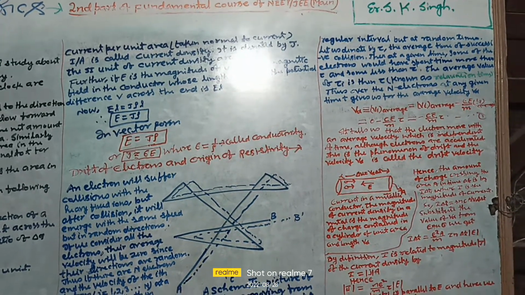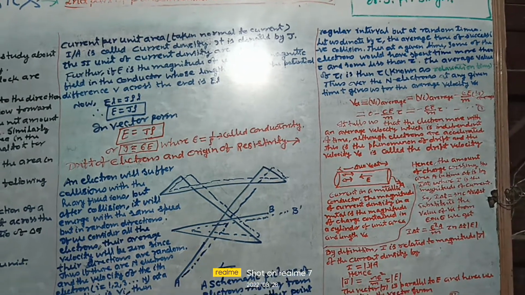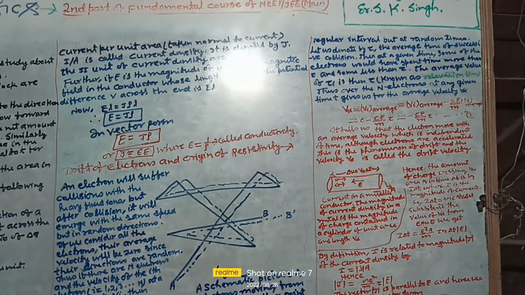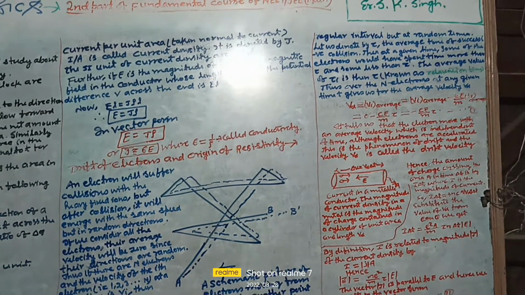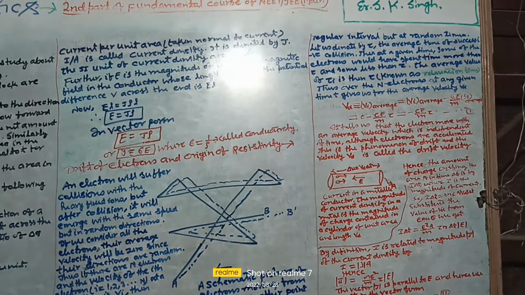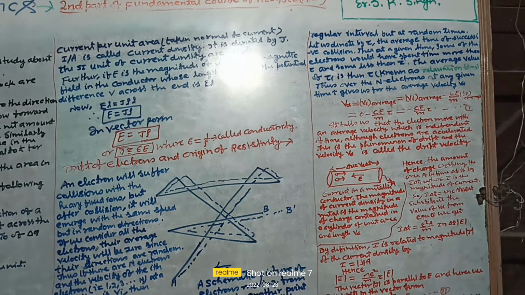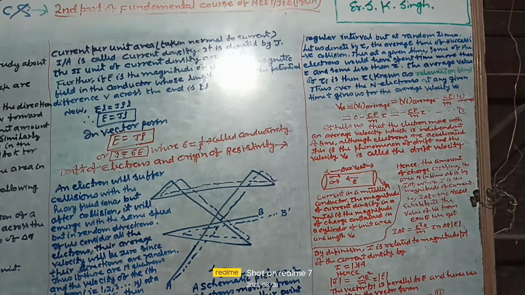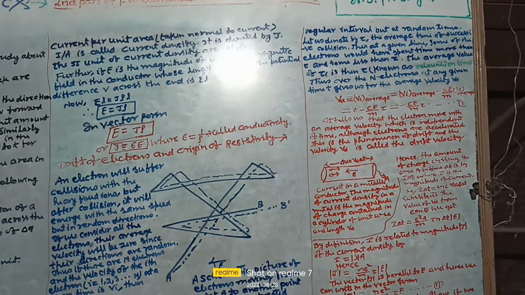Substituting the value of V_d from equation 1, we get I delta t = (e^2 A/m) tau n delta t E.